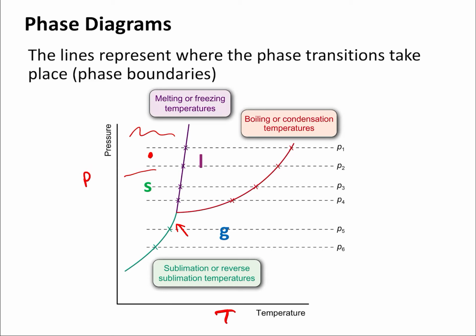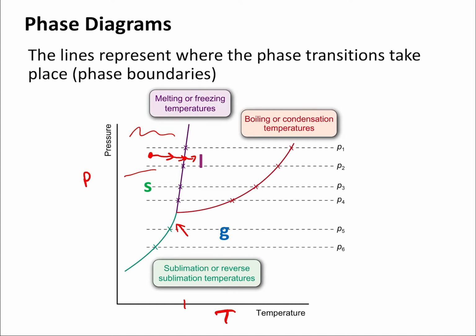So if you increase the temperature and keep pressure constant, you're going to be following this line this way. Eventually you'll hit that line there. When you hit that line, at that temperature, this is going to be melting. So if you cross that line, you go into the liquid phase.